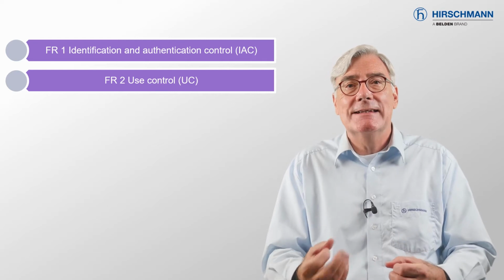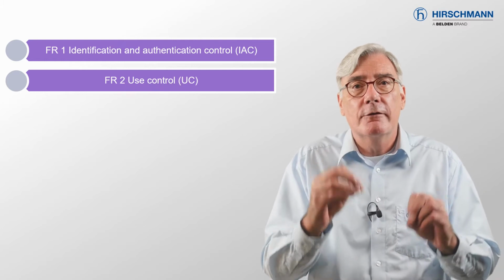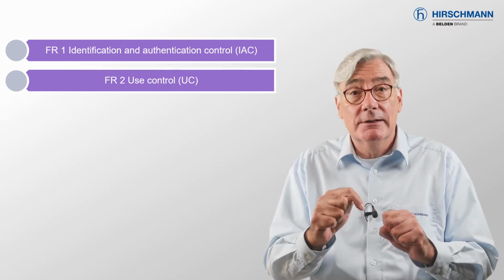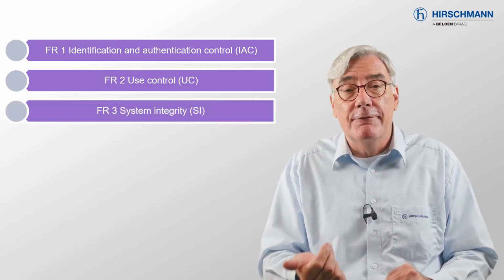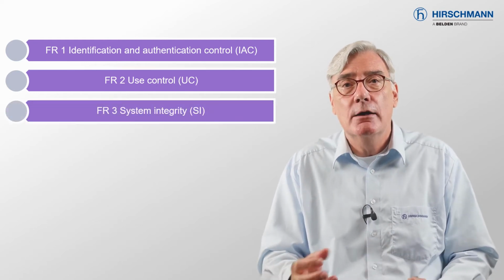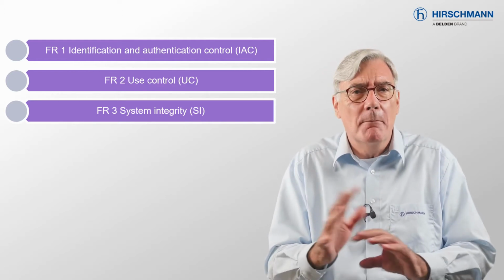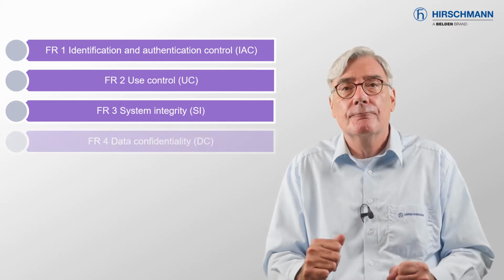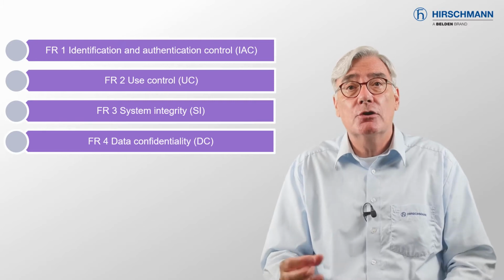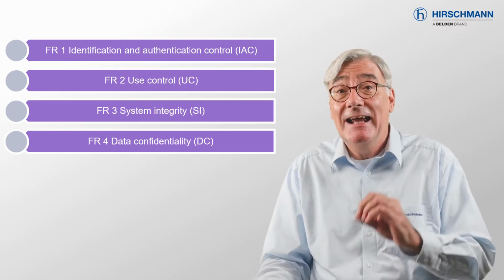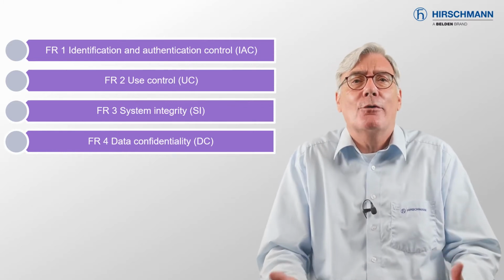FR2 enforces the assigned privileges of an authenticated user to perform the requested action on the component and monitors the use of those privileges. FR3 ensures integrity by protecting against unauthorized manipulation or modification of data. FR4 ensures the confidentiality of information on communication channels and in data storage to protect against unauthorized disclosure.